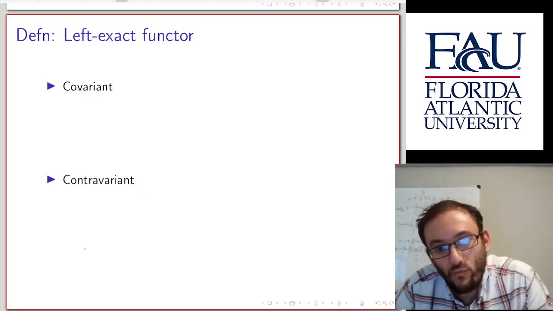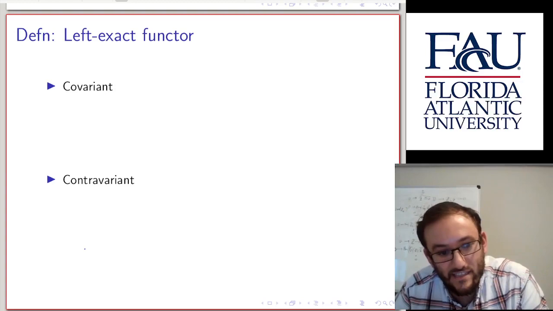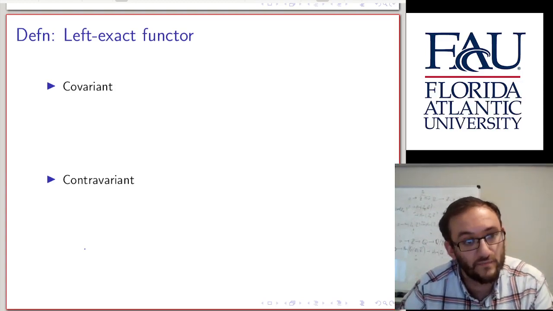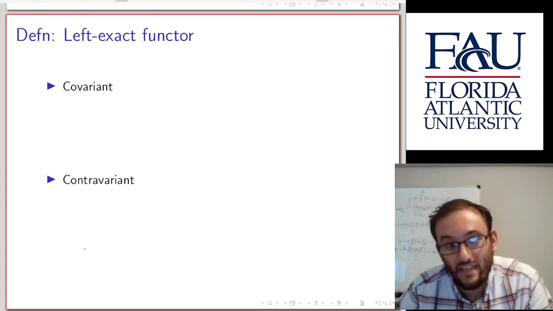Okay, now we are going to relate this functor business to the exact sequences that we've been speaking about so far. And we're going to define a left exact functor.